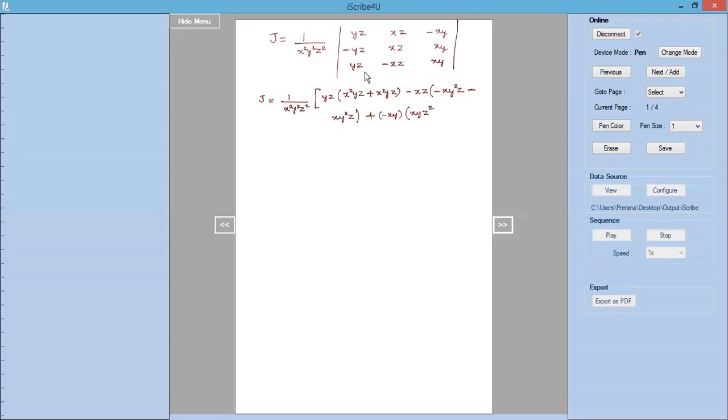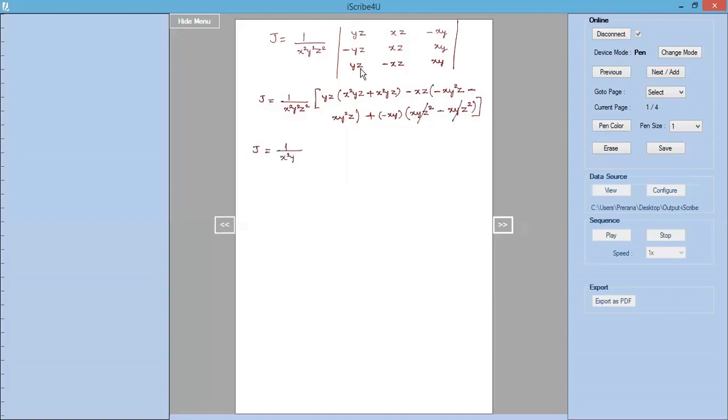This gives us xyz square. This is minus into minus plus xyz square. So this is minus xyz square. This is getting cancelled. So last term xyz square is getting cancelled. The previous two we have to add up.